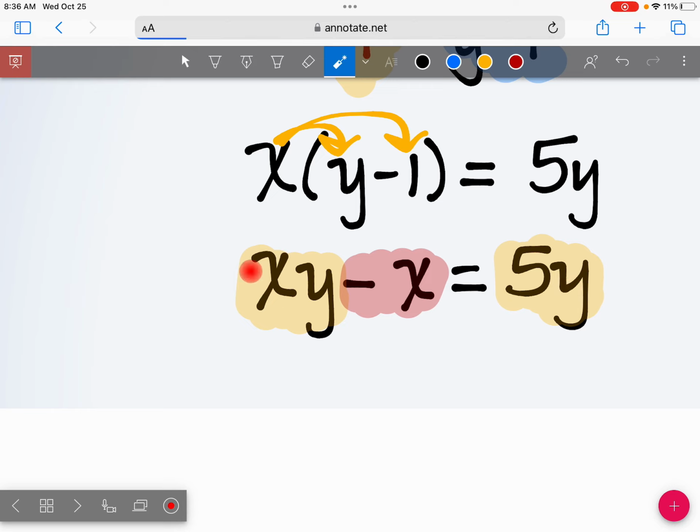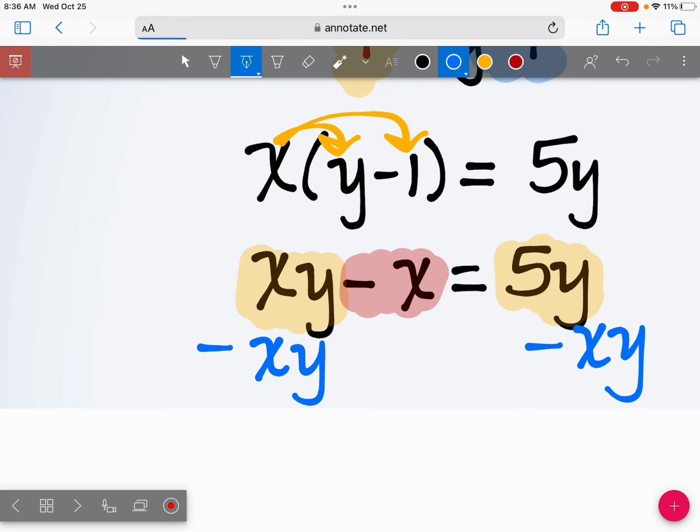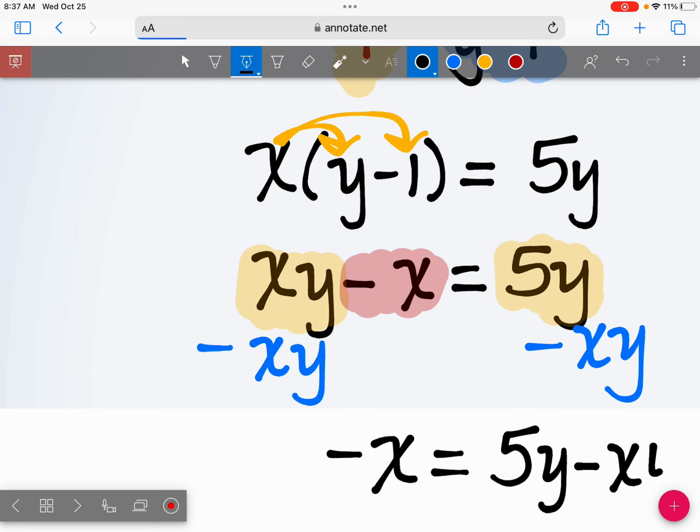The way I'm going to do that, because this term is positive, is subtract it. So that's going to give me negative x equals 5y minus xy.